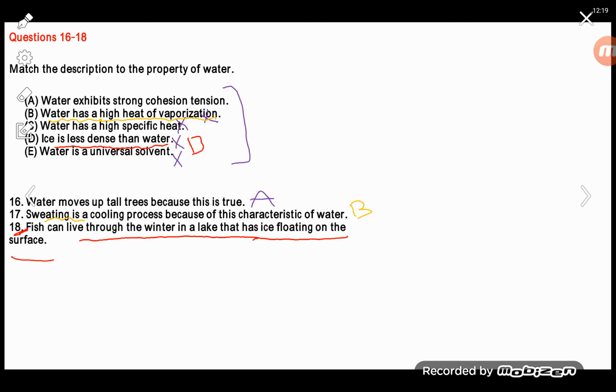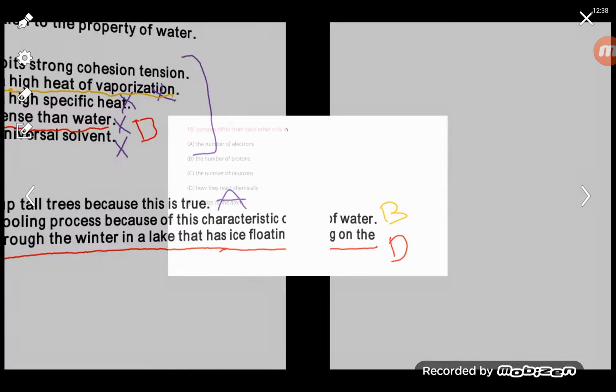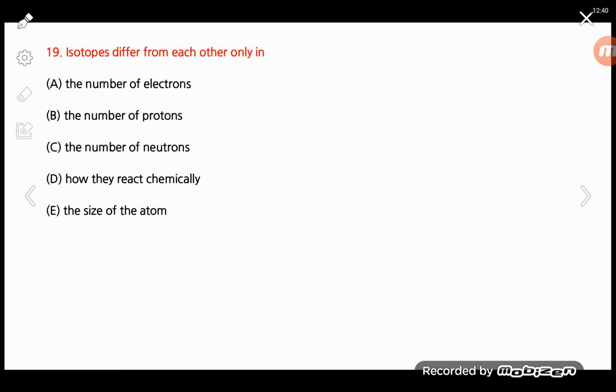We just see the ice. Under the ice there's water. Why is ice floating? Because it's less dense than water. So the answer for this question will be D. Okay, I hope all of this is clear. Let's go to the next question, guys.